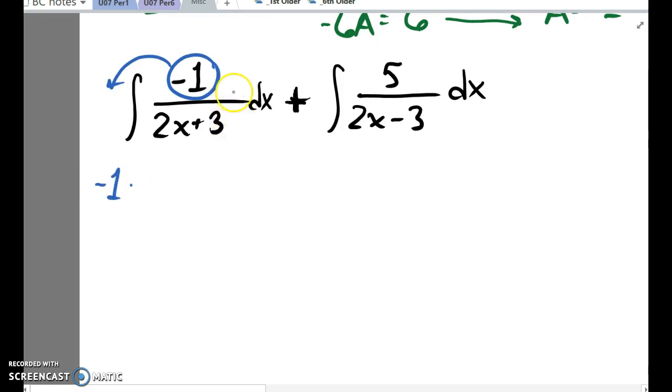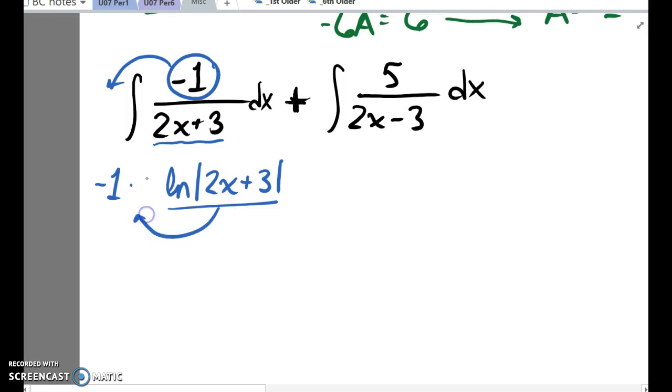My degrees are off by 1, which tips me off to do u substitution. And again, I'm going to do mental u substitution. So my degrees are off by 1. u equals that whole denominator. So I have natural log absolute value 2x plus 3. But if I leave it like that, it's not right, because if I take the derivative of this, then an extra 2 is going to show up because of the chain rule.